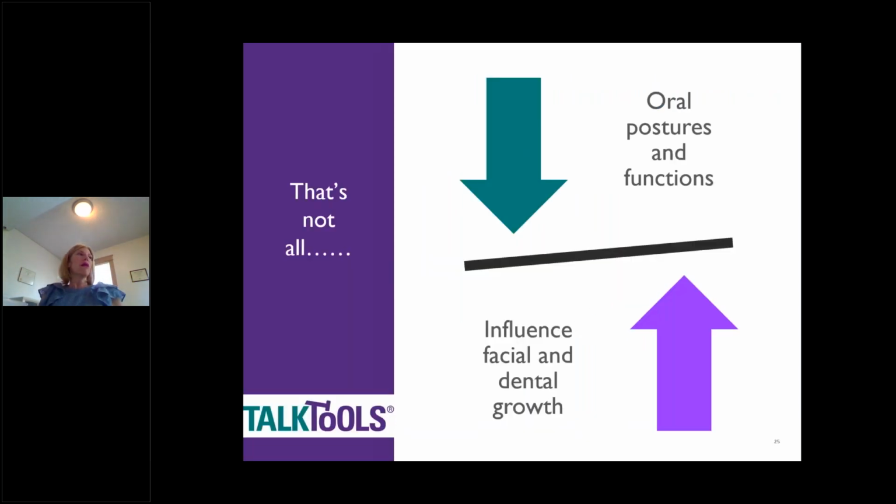And that's not all. The oral resting posture and the functions of the orofacial complex are going to influence dental growth. For example, if you have a baby that's not teething and not munching, those teeth aren't going to come in on time, because it's the teething, the munch chewing, and the introduction of foods that help those teeth break through the gums.